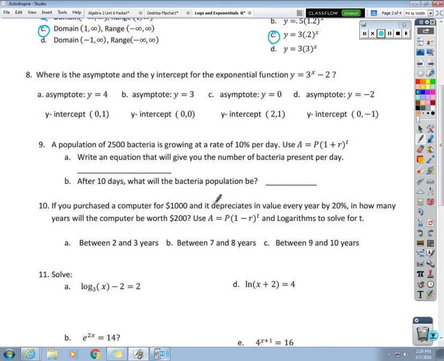Okay, number 8. Where is the asymptote and the y-intercept for this exponential function? -2. The k tells you where the asymptote is. So the asymptote's -2. So you pretty much know the answer now. But remember that little cheat method I taught you earlier? What's the a value for this function? 1. There's an understood 1 out here in the a place.